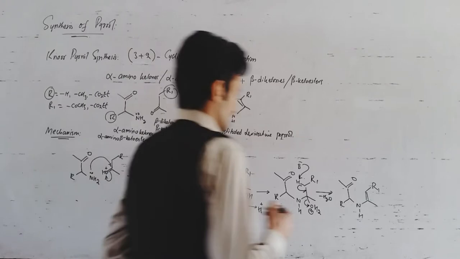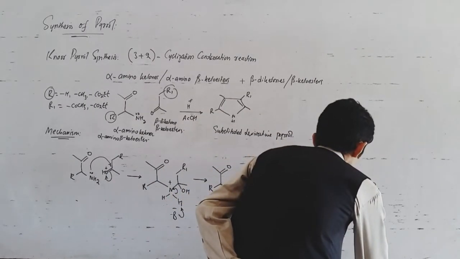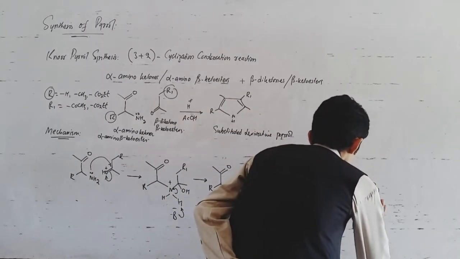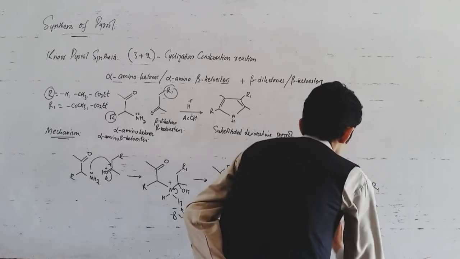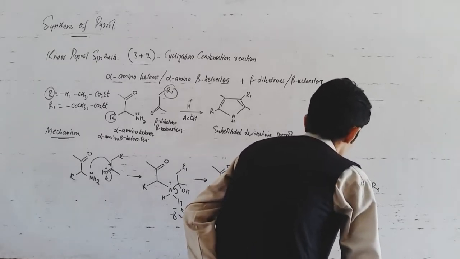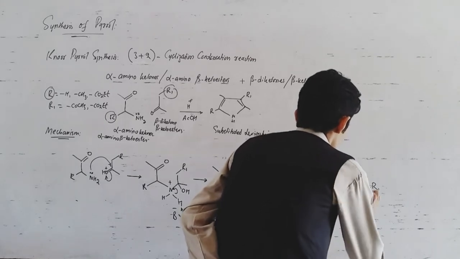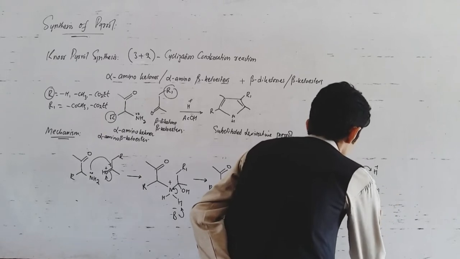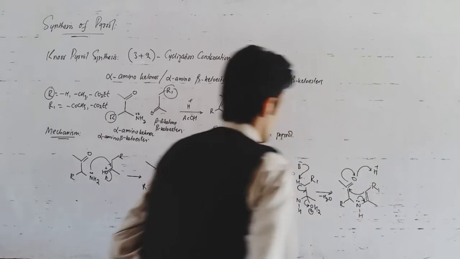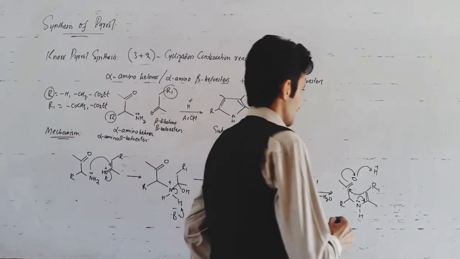Basically the cyclization step involves attack on this carbonyl carbon; the pi bond will shift onto oxygen as a negative charge. The negative charge will ultimately take a proton and this nitrogen lone pair will shift towards this position. So, what will be the structure?